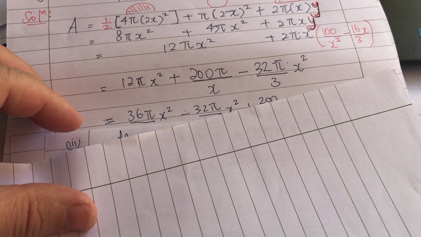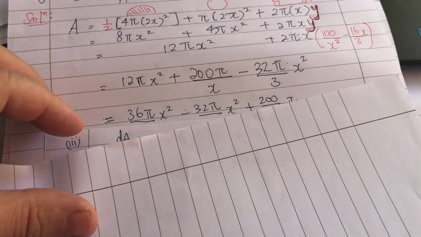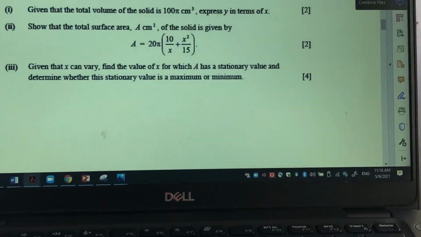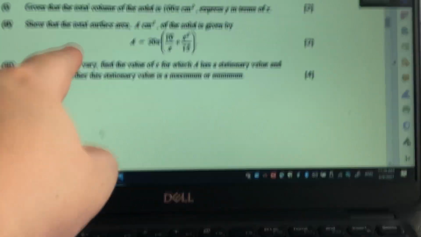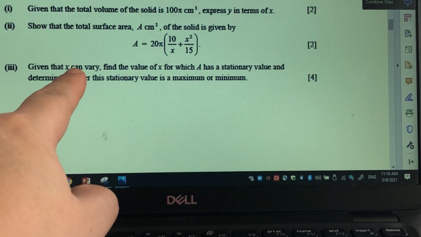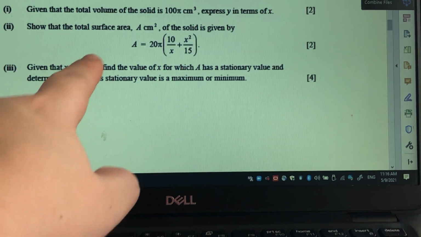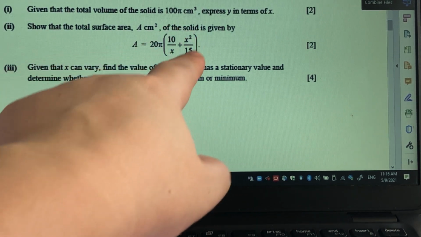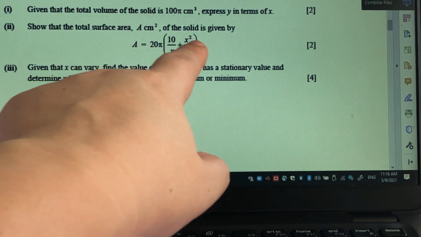This question number. Okay, they say that given that x can vary. Now, I was explaining to somebody yesterday. X can vary means the x value here can change. And because the x value can change, the A will change accordingly also.